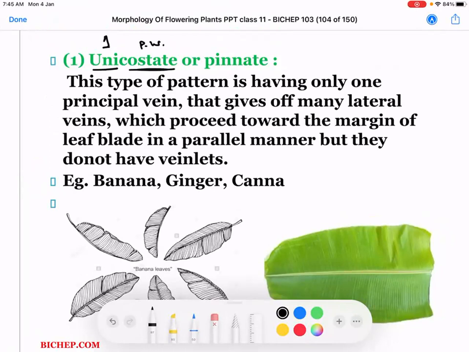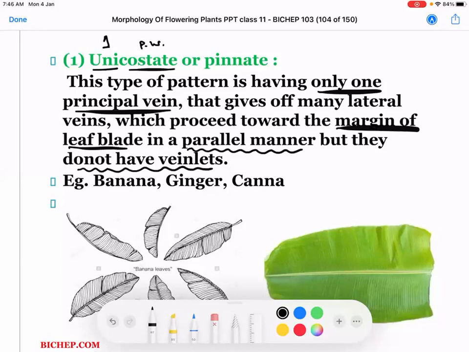So they have only one principal vein, giving off many lateral veins, which are going towards the margin of the leaf blade in a parallel manner. They do not have other veinlets. So if they do not have veinlets, that is why they don't form a net-like structure.